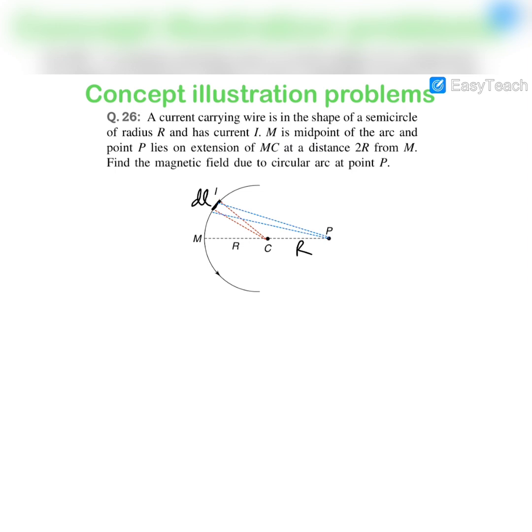So you can see that if this angle is theta, then this angle will be theta and this will be 2 theta, because this is r and this is r, so by sine law these two sides are same and therefore the opposite angles would be same, and 2 theta will be the exterior angle of this triangle, so it would be the sum of these two angles. Okay, now let us draw the r vector first of all.